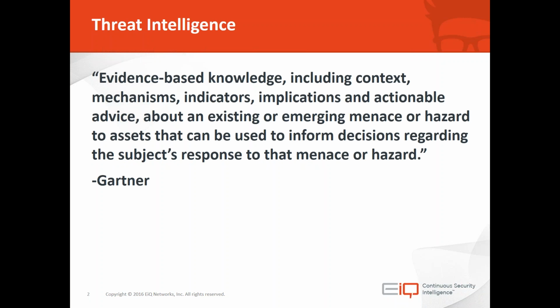So let's start by defining threat intelligence. I picked Gartner's definition. There's a few other definitions out there. I'm not saying that this is the right one, but it seems like a good one to start the conversation.